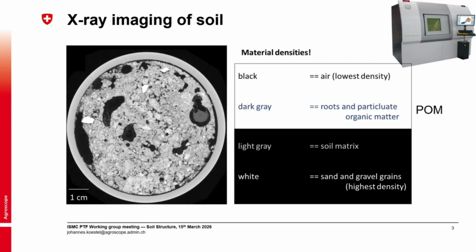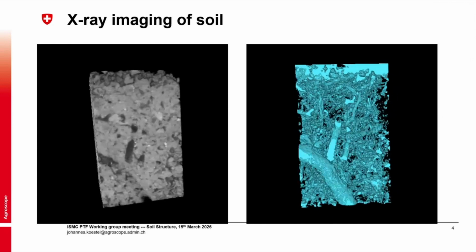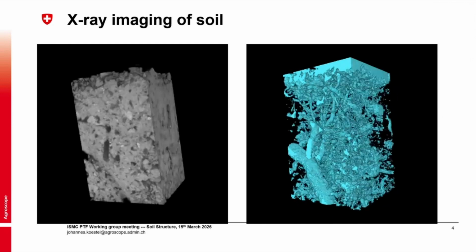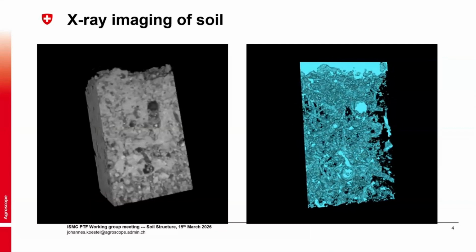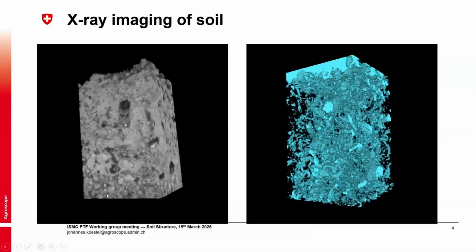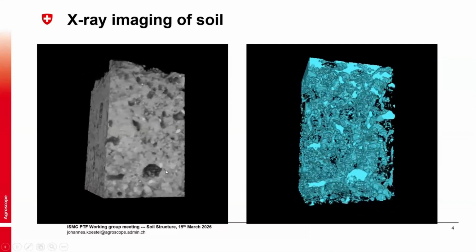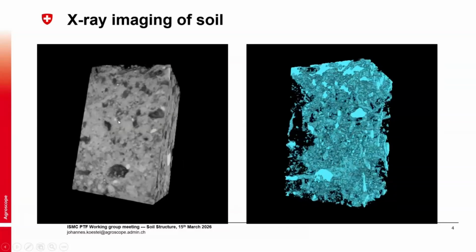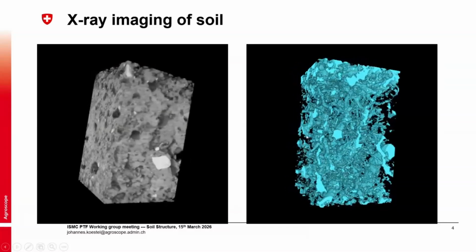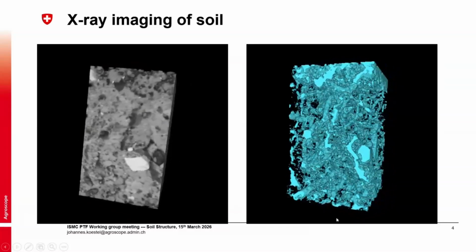Okay, and to make clear that actually these are 3D images, so we have this information in 3 dimensions. So on the left, you see this grayscale image of a block cut out of an X-ray image, and to the right, you see the air-filled pores that were extracted from it.